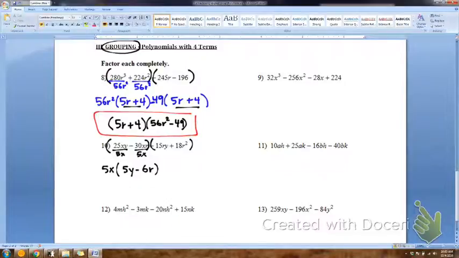What about in that second group? What goes into 15 and 18? Well, it would be a 3, but remember if the first term is negative, we're going to pull out the negative. So because that 15 is negative, we're going to divide out by a negative 3. And they each have an r to give up, so negative 3r comes out. Negative 15 divided by negative 3 is 5. My r's cancel and I'm left with y. 18 divided by negative 3 is negative 6r.